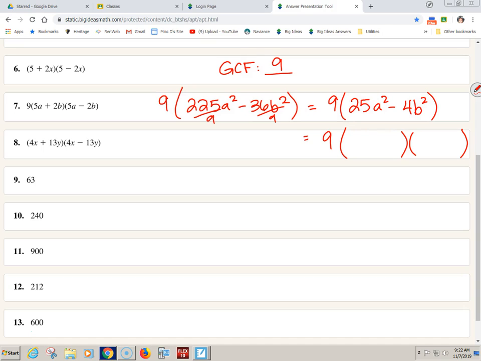What's the square root of 25a squared? A 5 and an a. I get to put that first. My shortcut says I just need to go ahead and, oh, I didn't even show it over here. Sorry. I could maybe skip all of this if I square root the first and square root the second. If I can figure out what was there before, I could maybe go straight to my answer.